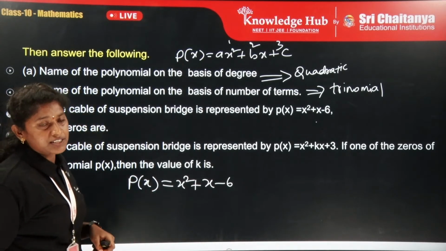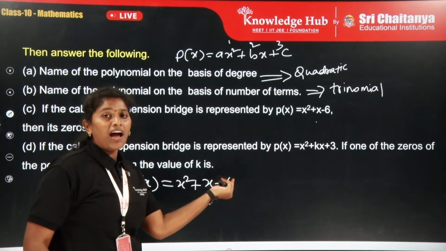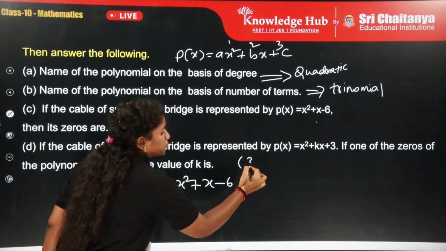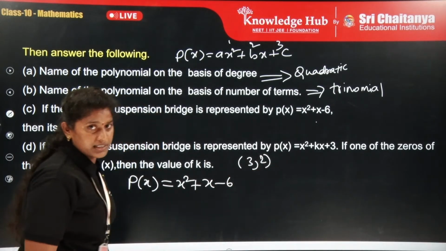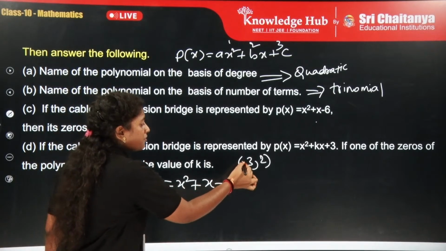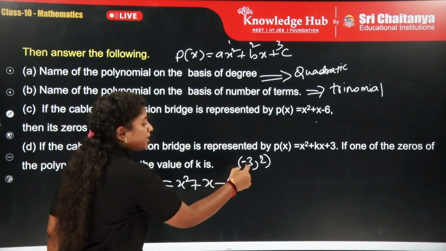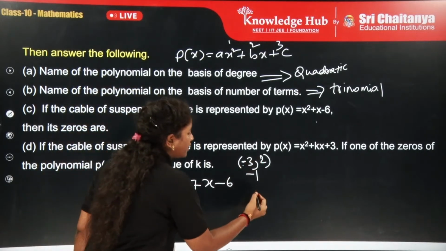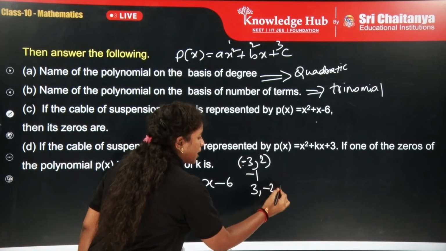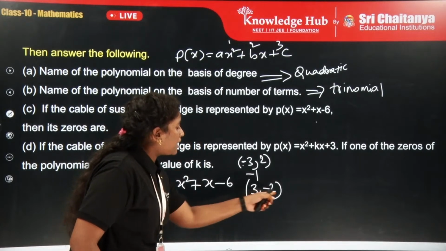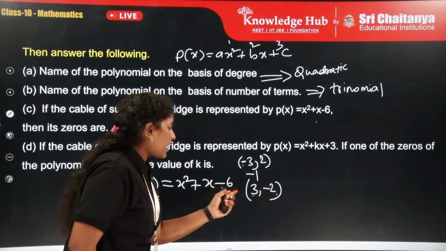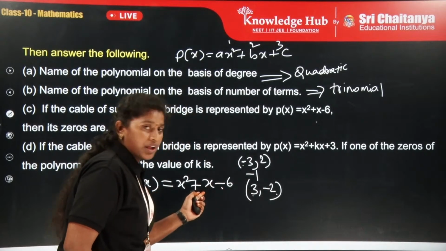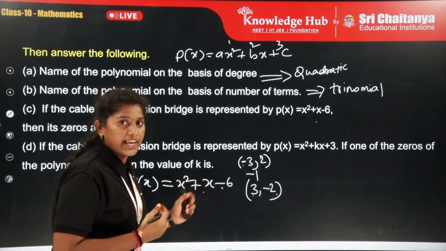So you can use your factorization method, because for minus 6 you have the factors 3 and 2, because 3 twos are 6. You need the minus 6. If I take minus 3, it will give you minus 1 on addition. That's the reason we are going to take 3 comma minus 2, because 3 into minus 2 will give you minus 6, whereas 3 minus 2 will give you plus 1, which is nothing but the coefficient of x.